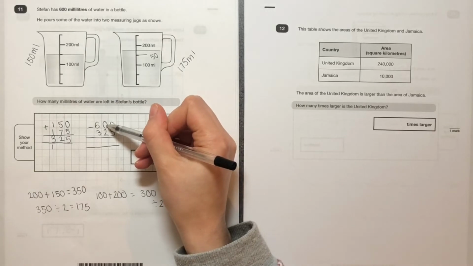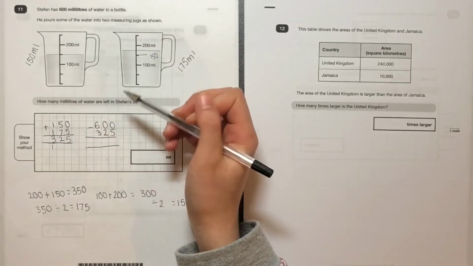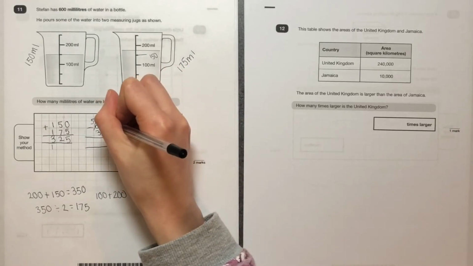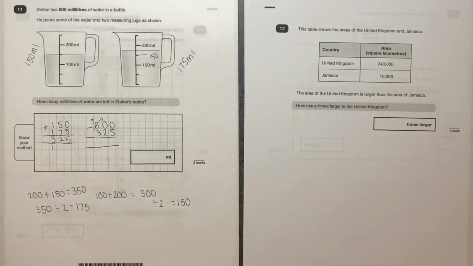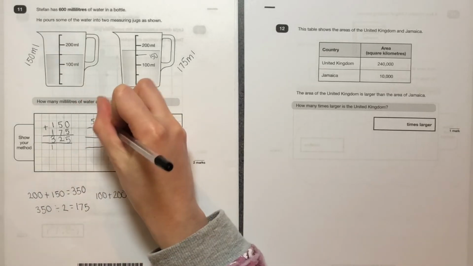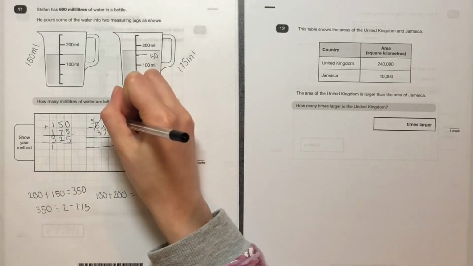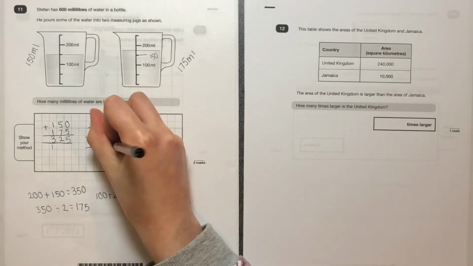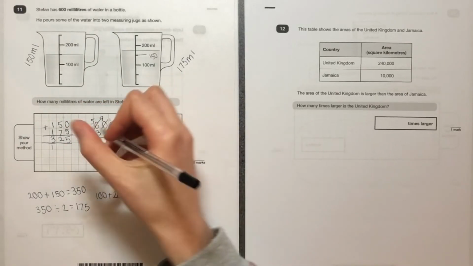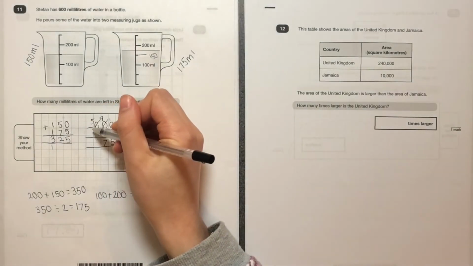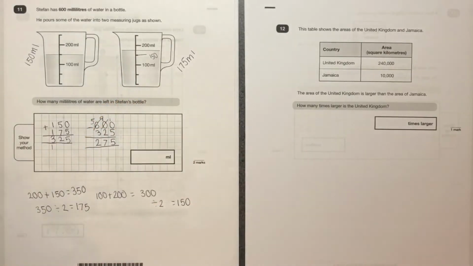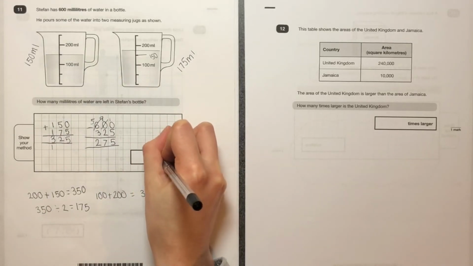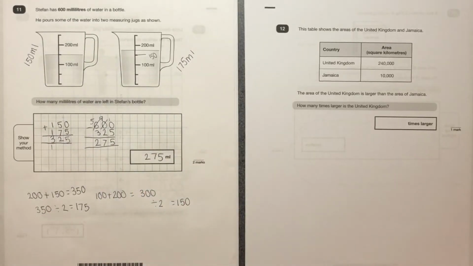Going over to our tens column, our hundreds column, minus 1 from that gives us 5, and carry that 1 over. 10 minus 1 gives us 9, carry the 1 over. 10 minus 5 is 5. 9 minus 2 is 7. 5 minus 3 gives us 2. And our answer is 275 millilitres.